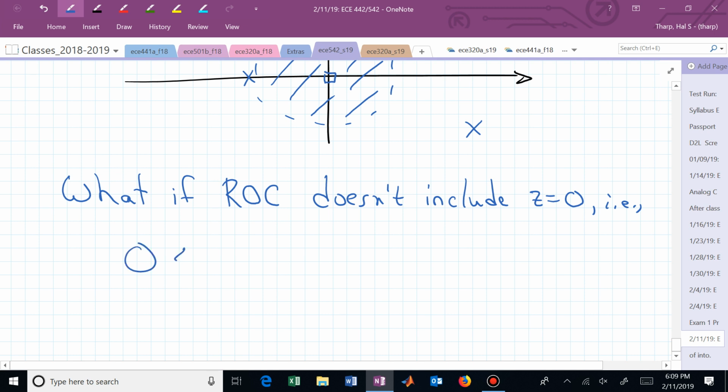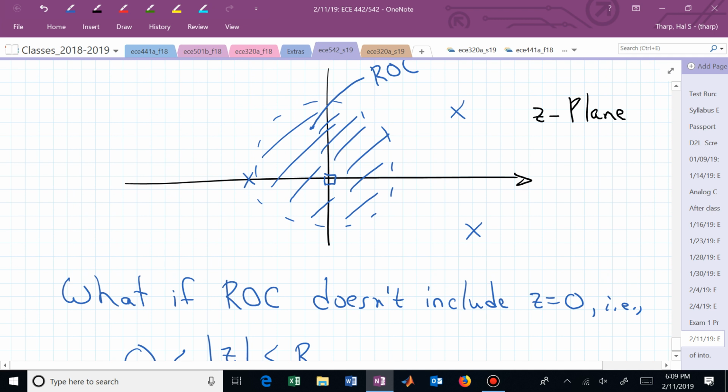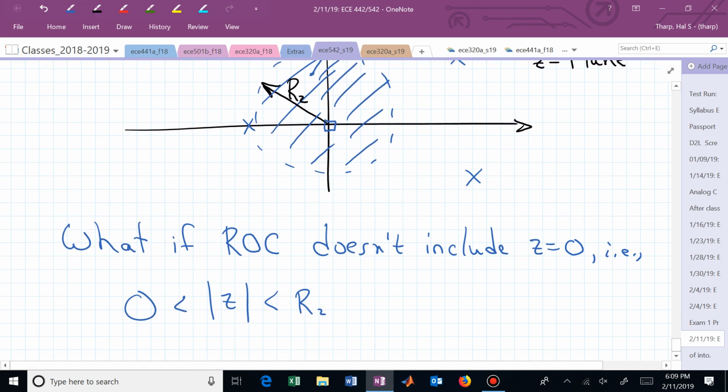Or we now have our region of convergence bounded away from 0 and let's say less than r sub 2, where this distance radius-wise is r sub 2. What kind of a sequence, little x of n, would you guess exists now?